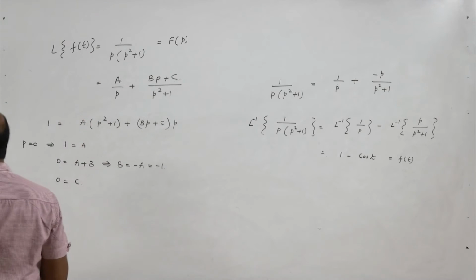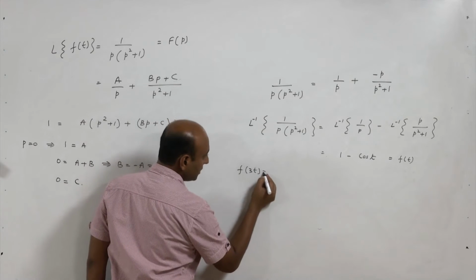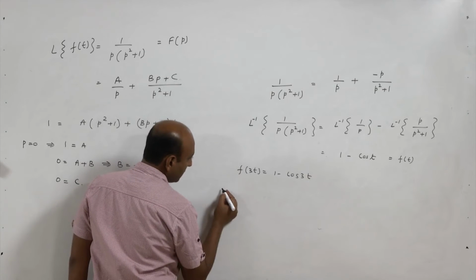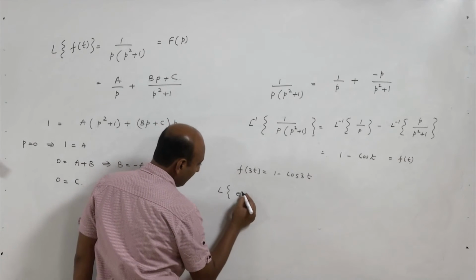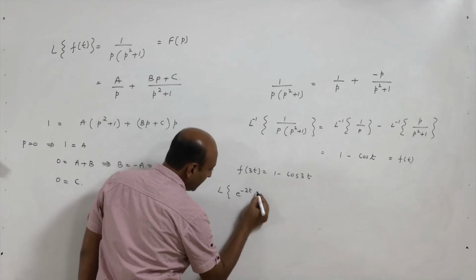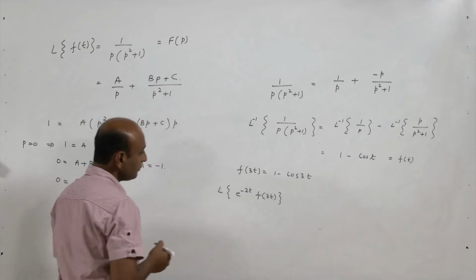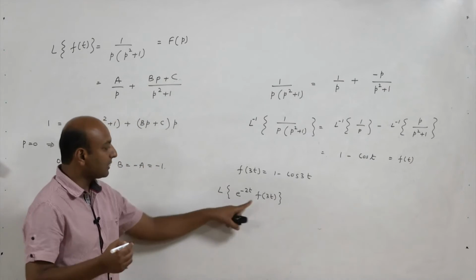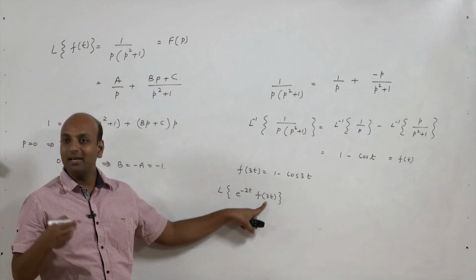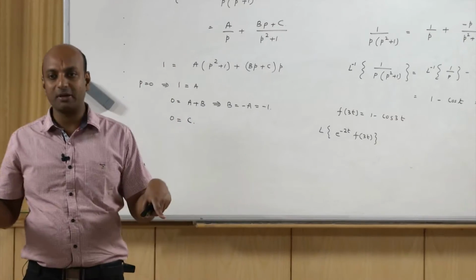Now, we have to find out first f(3t). So, what will be f(3t)? It is nothing but 1 minus cos 3t, and Laplace of e to the power minus 2t into f(3t) will be nothing but, first we will find out the Laplace transform of f(3t), that will be a new F(p), and in that we will apply the shifting property.